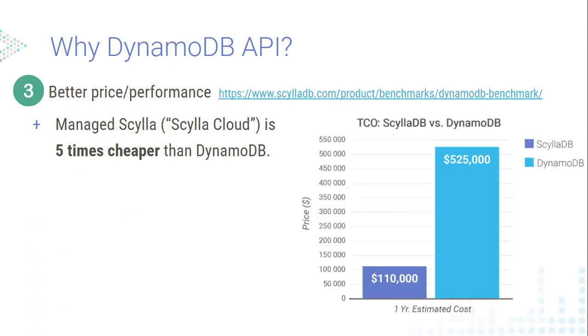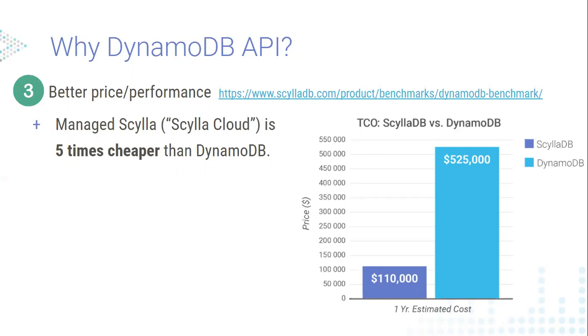Another reason why you might want to have a DynamoDB API in Scylla is that last year we did a benchmark. We took a use case and ran it on both Scylla and on the managed Scylla cloud. And we also ran it on DynamoDB, the same use case.